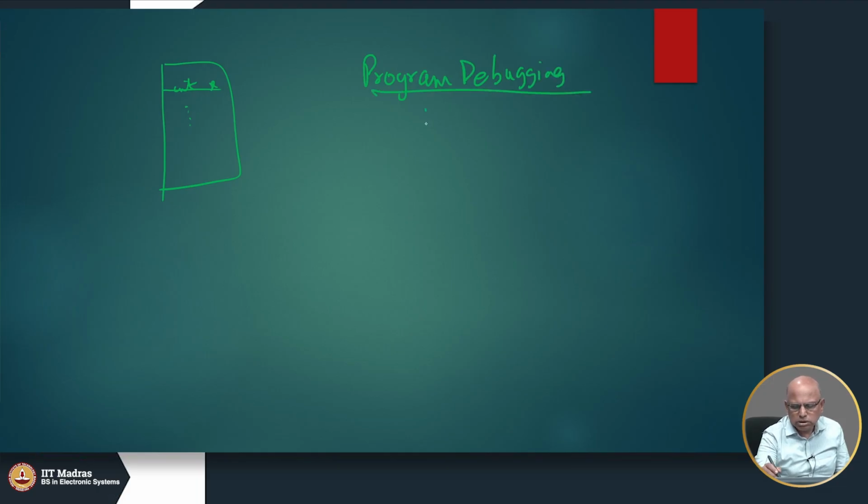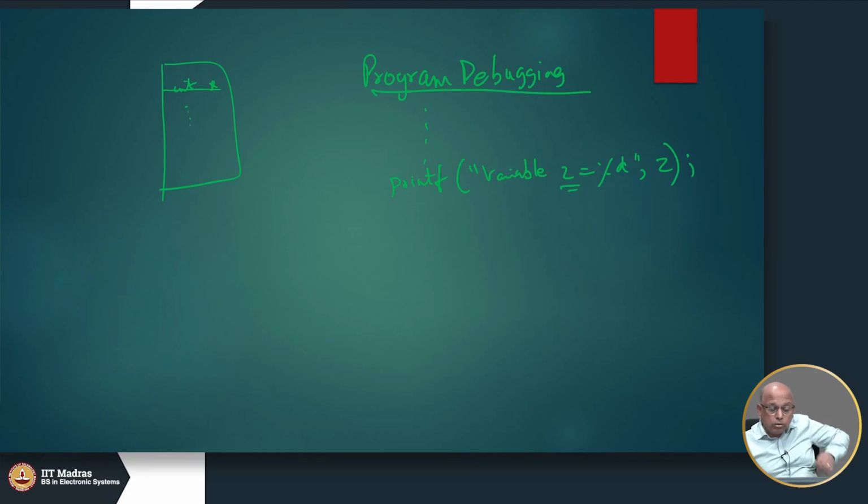So, in program debugging, at some point we will say printf variable z equal to. This z may not be such an important variable, nobody cares what this z is, but the value it prints may give you a clue as to what is going on.